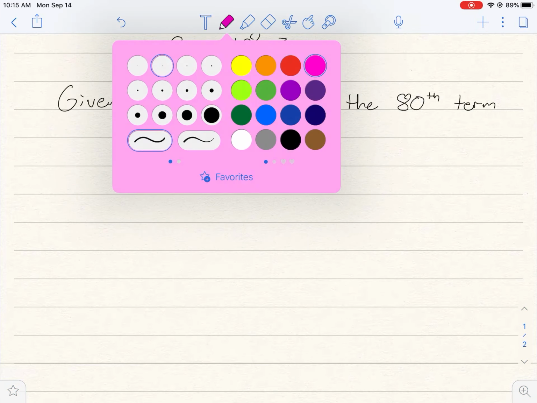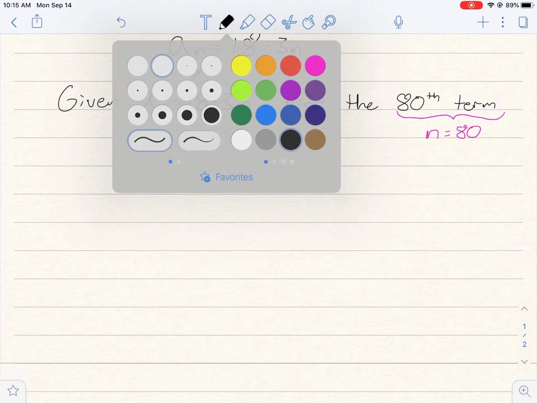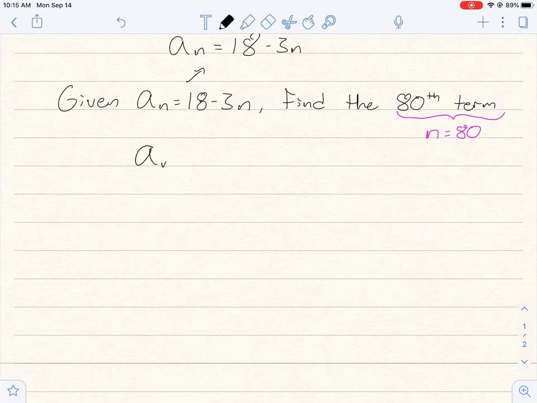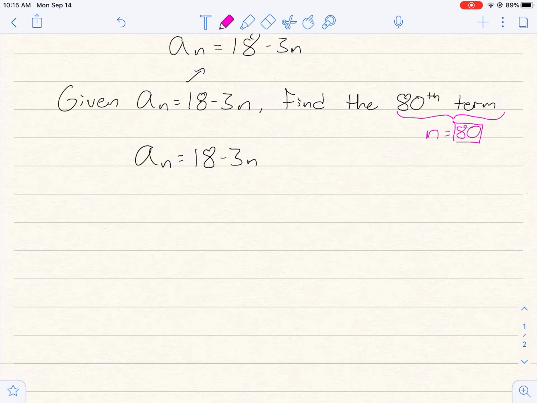So finding the 80th term means that your n is 80. n represents the numbered term that you're looking for. So in this scenario, n is going to be equal to 80. So if I use this formula here, a sub n is equal to 18 minus 3n, I'm just taking 80 and plugging it in for n.